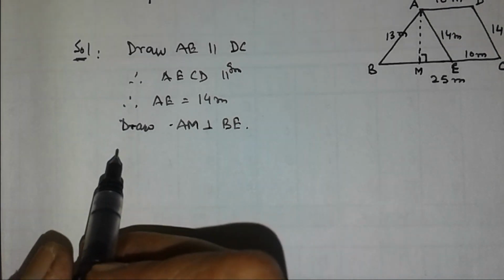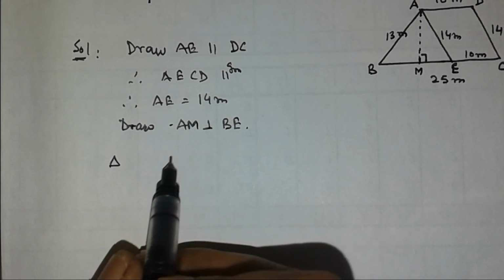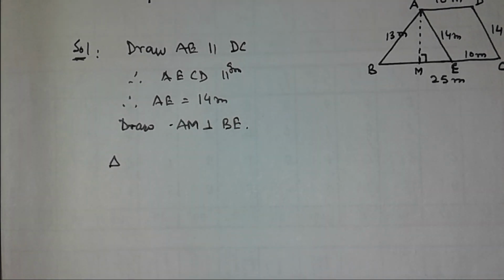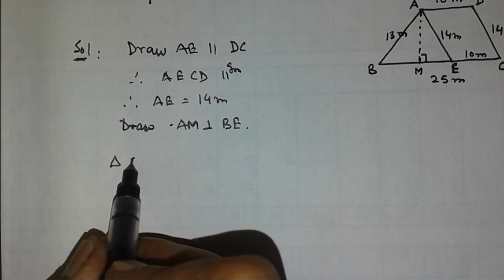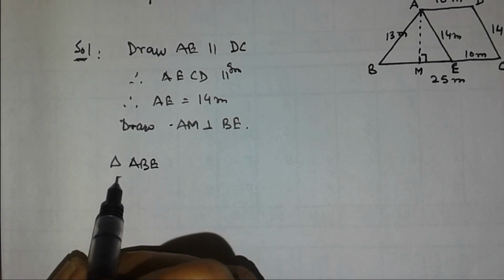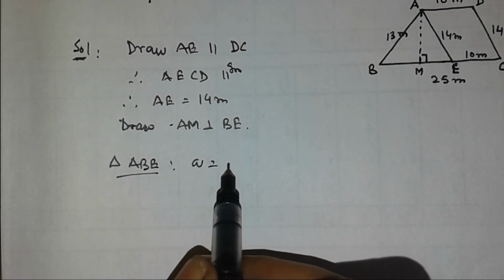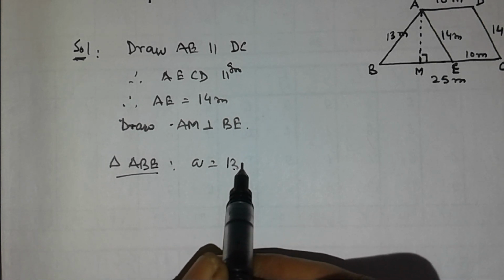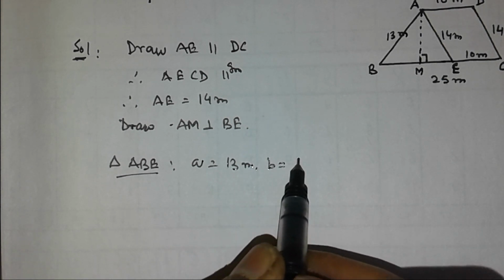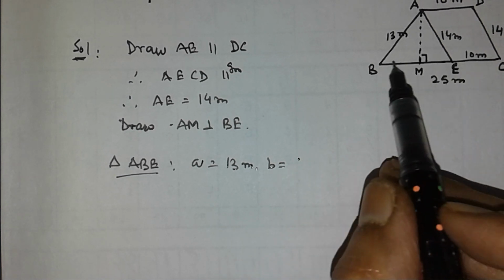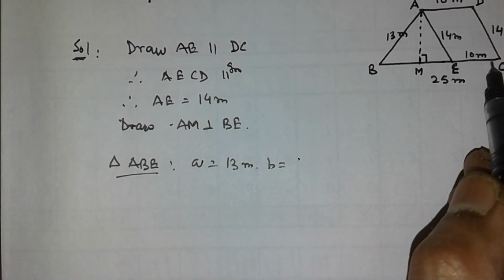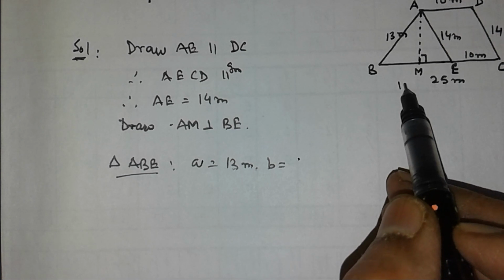Now take triangle ABE. In triangle ABE, A is equal to 13, B is equal to, you see, this is 25, 10 is left here, so it is 15. This is 15.